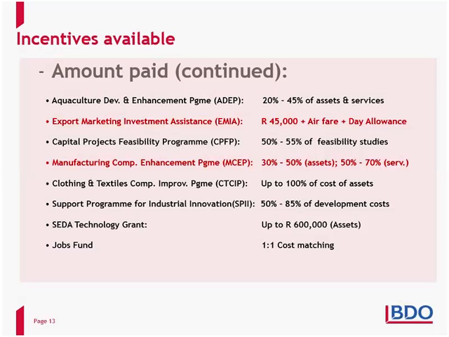The Clothing and Textile Competitiveness Improvement Program will pay up to 100% of the cost of assets acquired by the clothing or textile business. The Support Program for Industrial Innovation will pay between 50% and 85% of development costs. The Cedar Technology Grant will pay up to 600,000 Rand for assets acquired by the business. And the Jobs Fund will pay on a one-to-one matching basis.